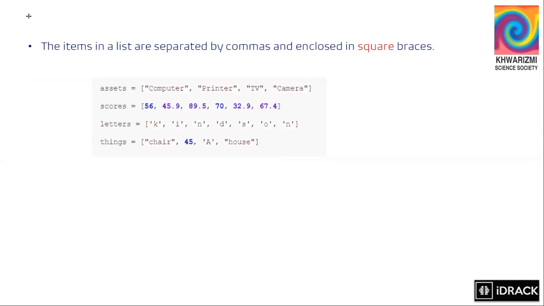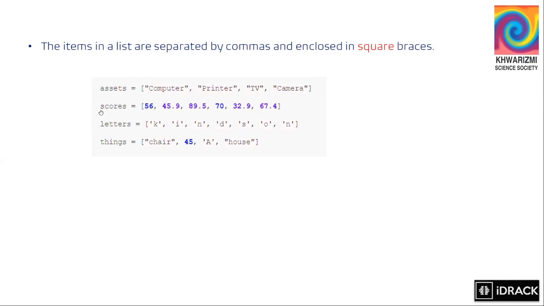And these are separated by commas, and these are enclosed within square brackets. So as you see in the image here as well, for example, the list by the name of assets has the contents computer, printer, TV, and camera, and the different components are separated by commas and they are enclosed into square brackets.